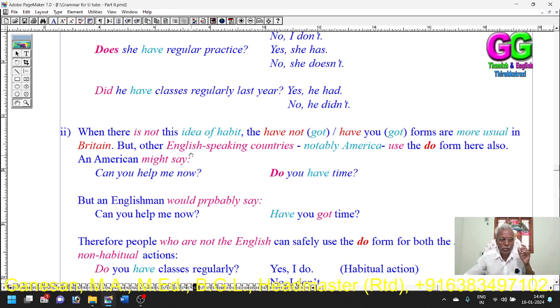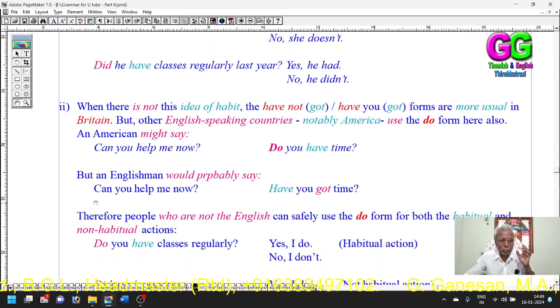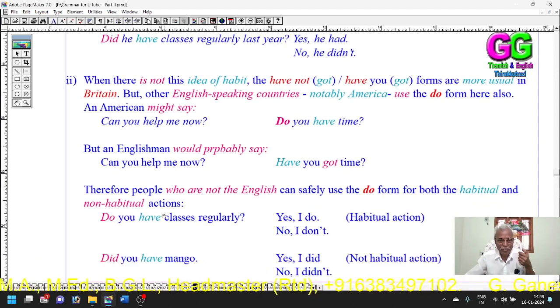An American might say, do you have time? But an Englishman would probably say, have you got time? So this is the difference.